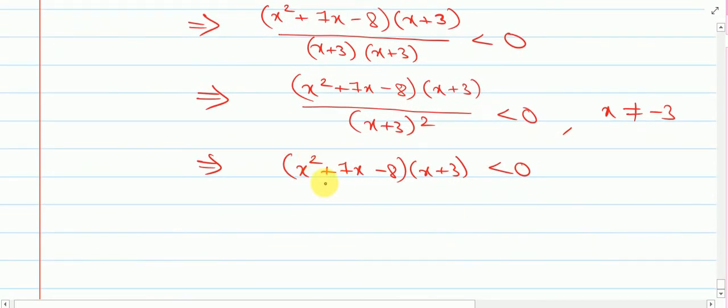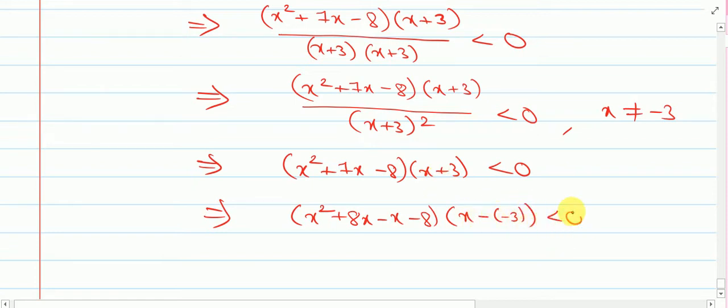Now this is a quadratic expression, so we can factorize it. I can write like this, and this can be written as x minus minus 3, and here we'll get x plus 8 and x minus 1.